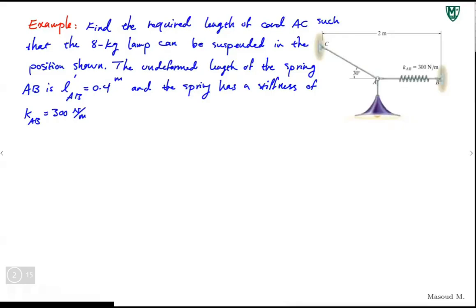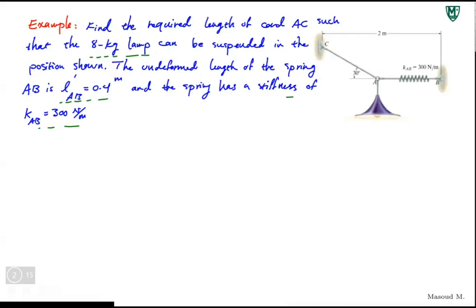A couple of pieces of information I'm given: the undeformed length of the spring, the stiffness of the spring, so I have some information about the spring, and the weight of the lamp, 8 kilograms. These are a couple of things aside from the dimensions.